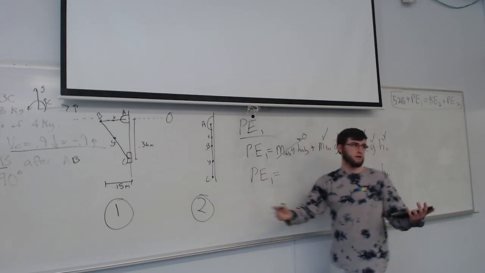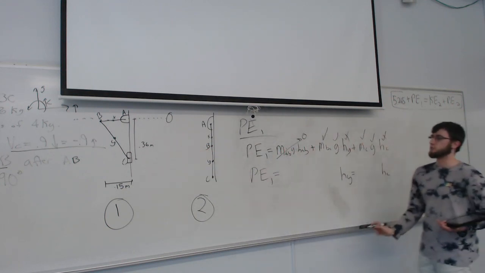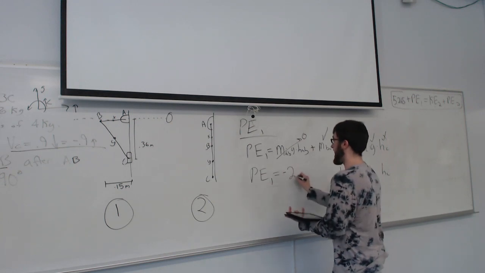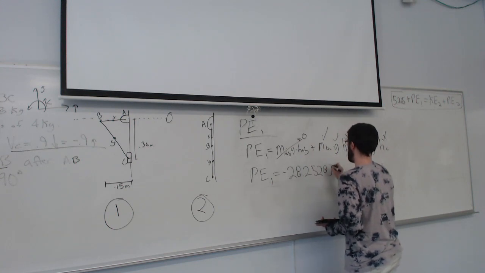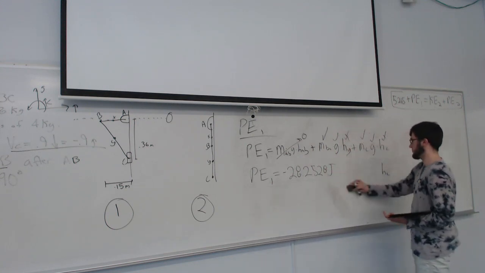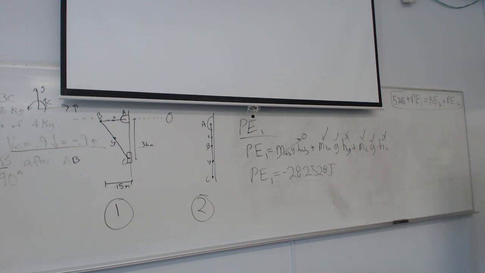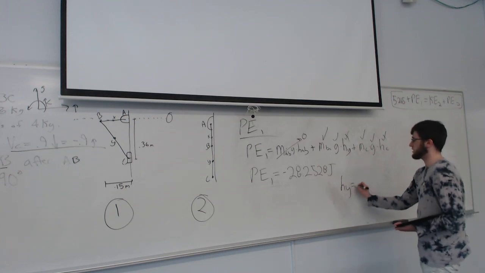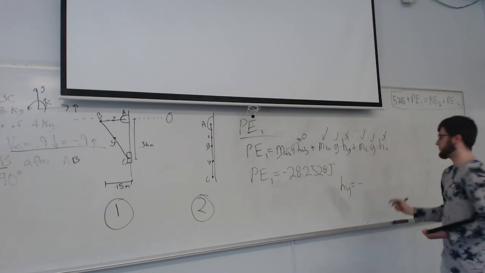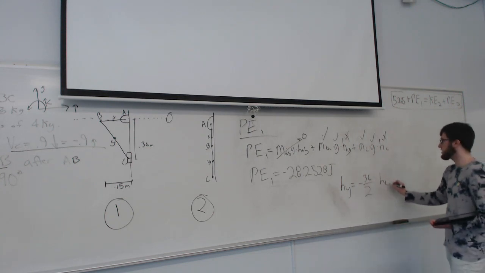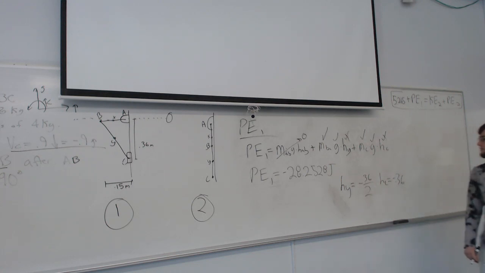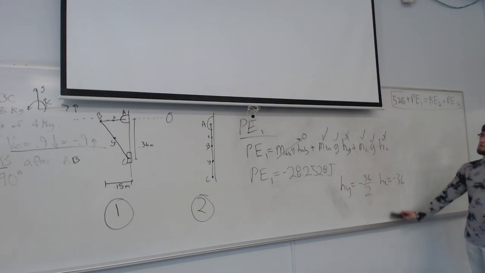They're not positive numbers. So the entire potential energy of my system at point 1 is negative 0.2528 joules. Any questions? Just for your computation, if you want to do it, Y is negative 0.36 over 2, and H of C would be negative 0.36. That's all it is. And then the masses you're given.